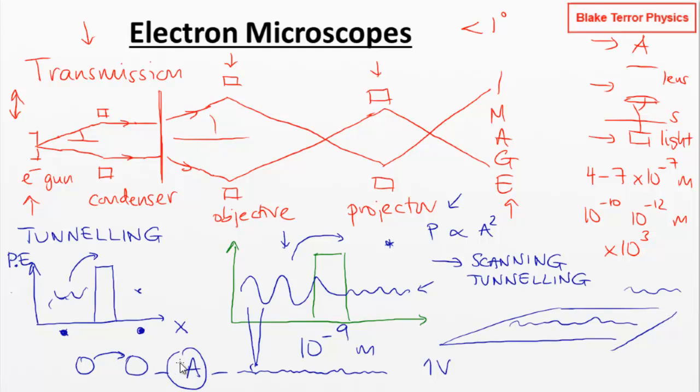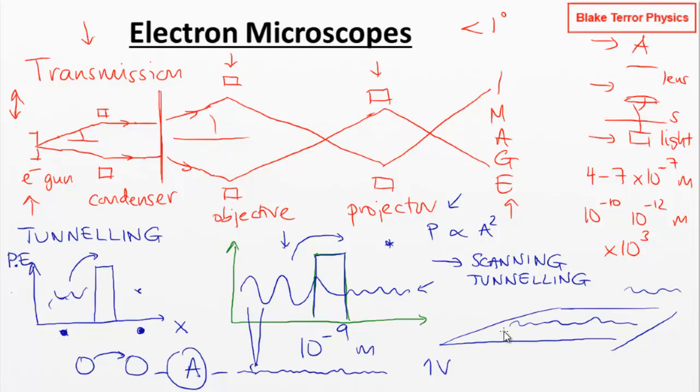If we can keep the current constant, then that means we're keeping the gap between the tip of the probe and the surface constant, because the width of this gap determines the size of the potential energy barrier, and the size of the barrier determines the current. So if we've kept the current constant, we've kept the gap constant.